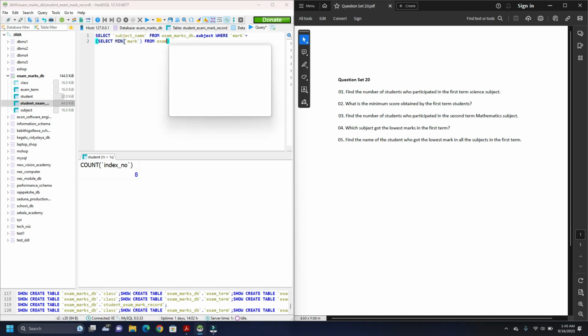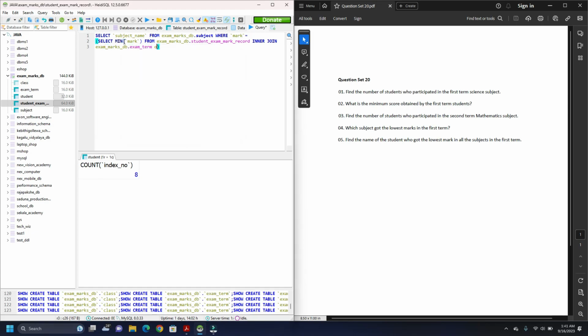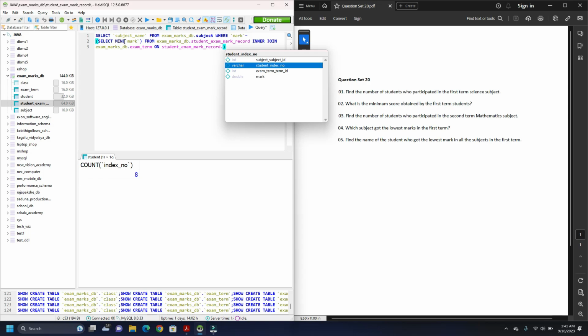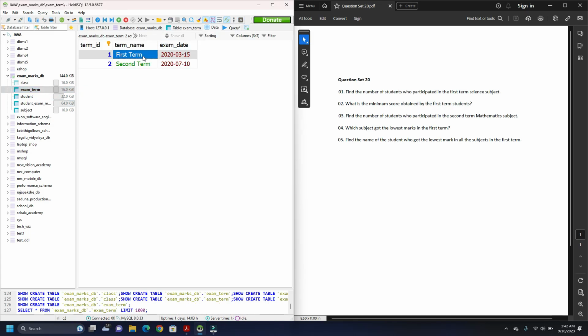From exam marks db dot, joining it with exam term on exam term id and term id from exam term, where term name equals first term.